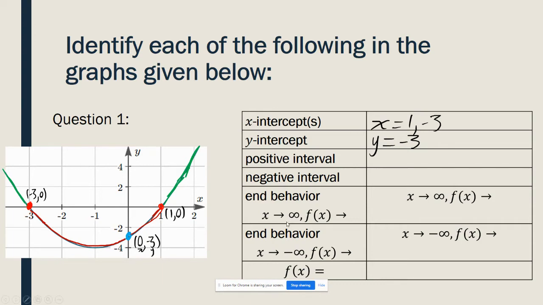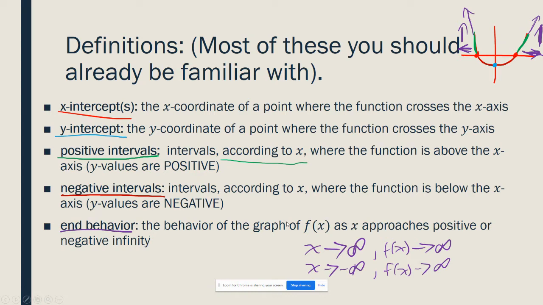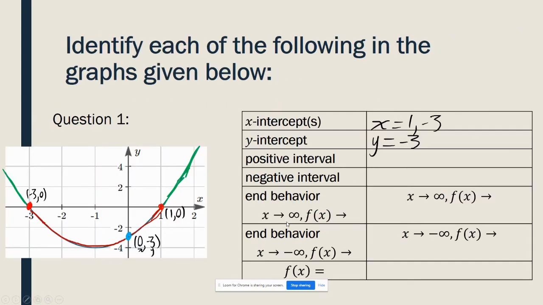Okay, my positive intervals. As it said on the previous slide, my positive intervals, according to x, are where the function is above the x-axis. I look at this x-intercept because right at this point my graph changes from positive to negative, and then through the other x-intercept it goes from negative to positive again.